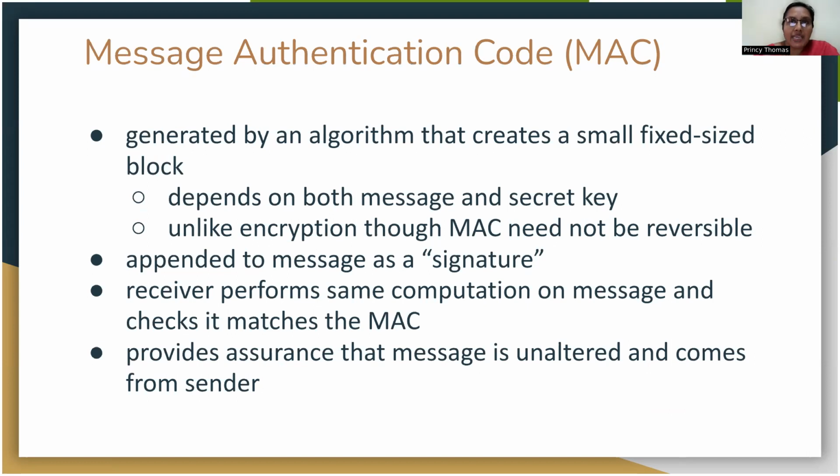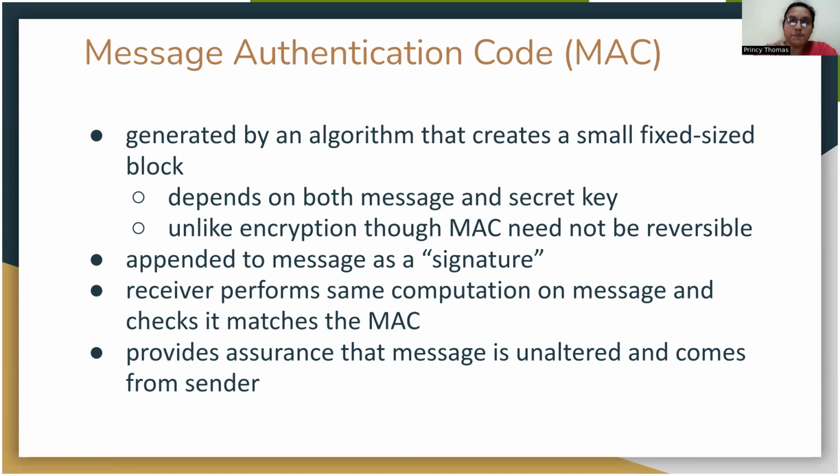Now the next method is MAC. This MAC is like a hash function. So a function is used, and a code is generated by using the message as well as the secret key. An algorithm creates a small fixed-size block. That is the MAC. And as input, you have to give both the message and a secret key.